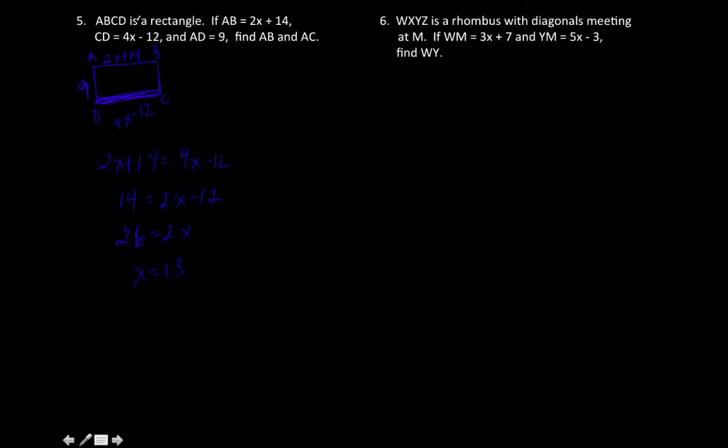So that means that AB is 2 times 13 plus 14, is 26 plus 14, is 40. Now, this is also 9, but that's not what we're asked. So we have so far AB is 40, and we want AC.